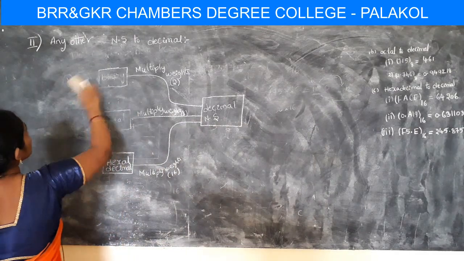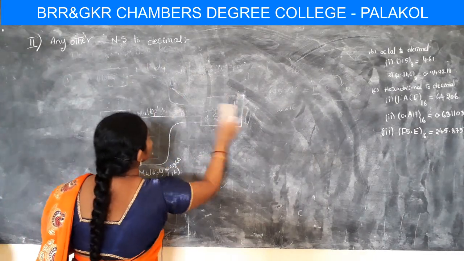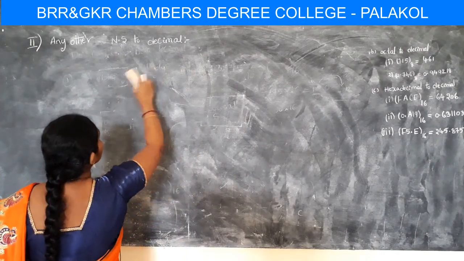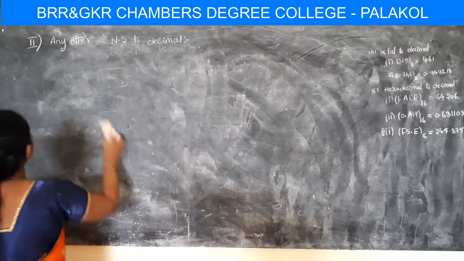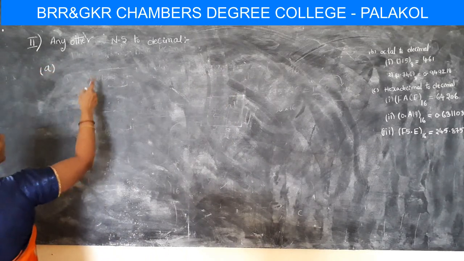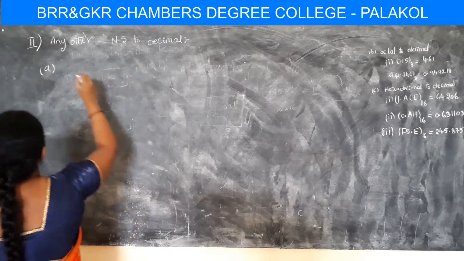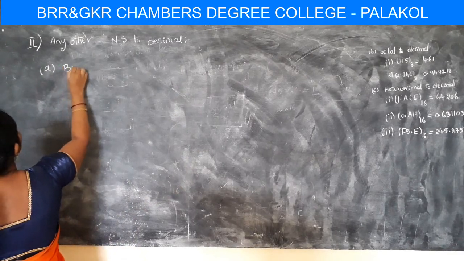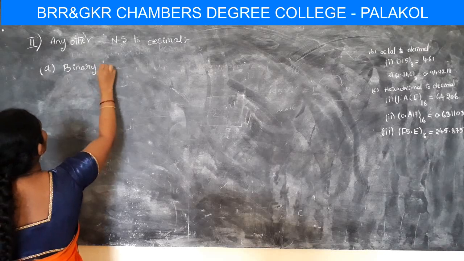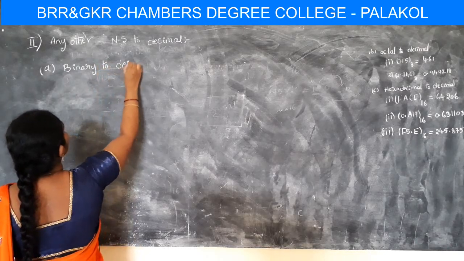The first one is A, convert binary to decimal.